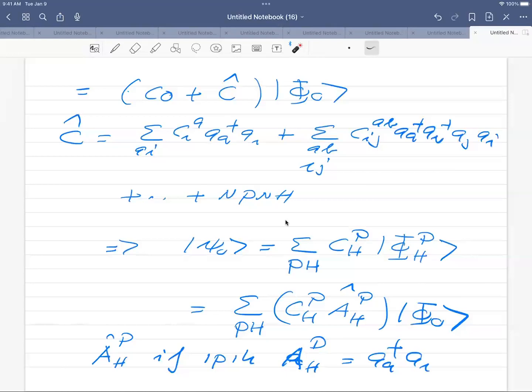Now, at the heart of all of many-body physics, all the many-body methods, every method we're going to discuss, whether you do stochastic methods, Monte Carlo methods, etc., deal in one way or the other with finding these coefficients here. When you diagonalize, these are going to be the coefficients of the eigenvectors.